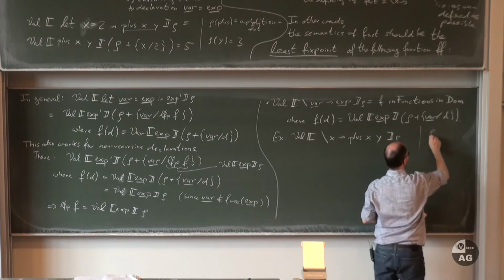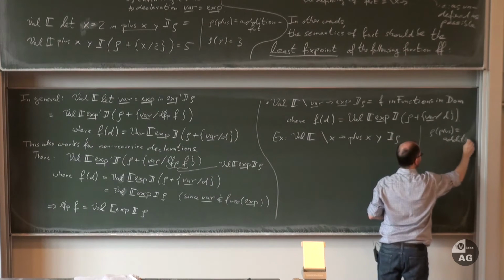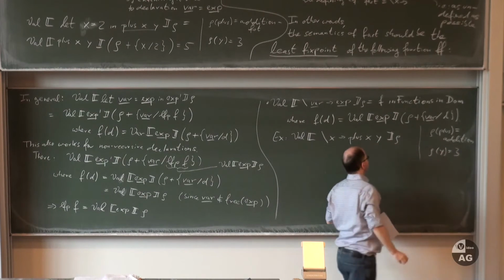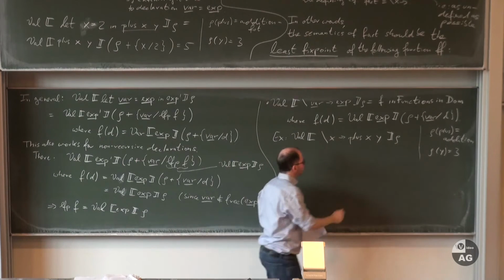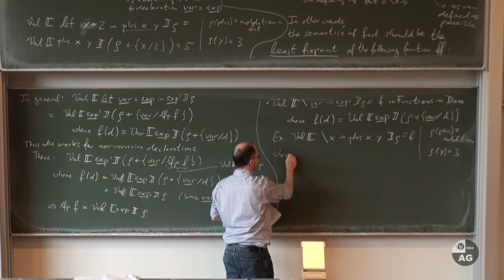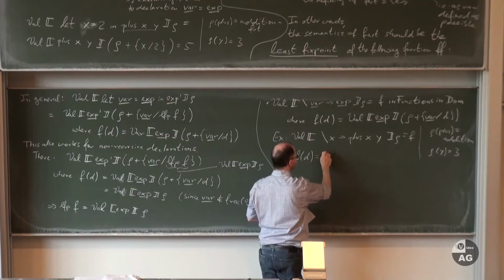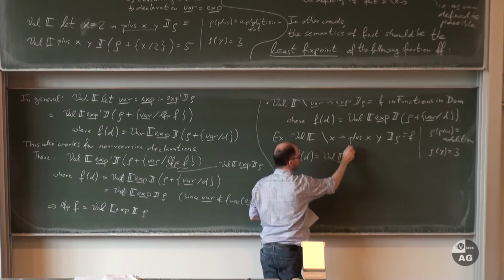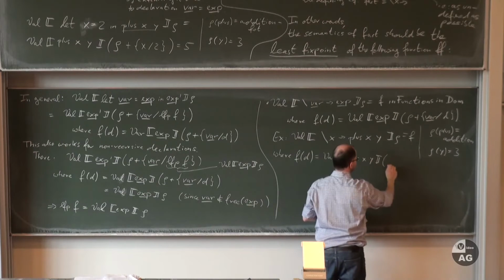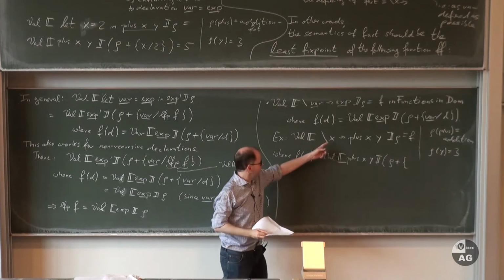So let's say rho of plus is the addition function, and rho of y should be 3. Then what is the meaning of this? It should be a function f, where if I apply f to some object d, the result should be the value of the expression over here, so of plus x y, but in a new environment which is like rho, but this variable here, this x, is replaced by d.